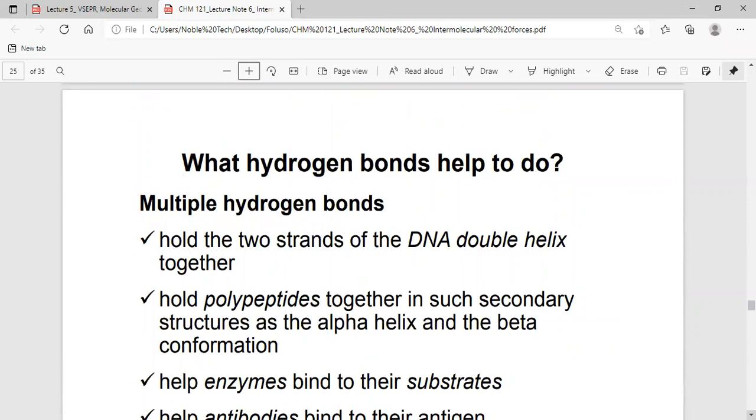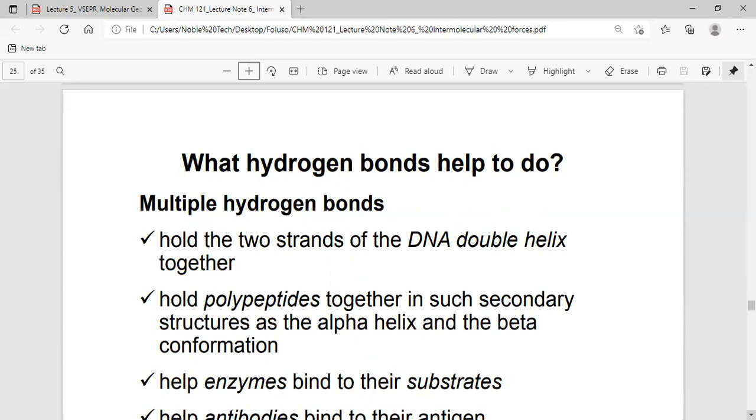So what hydrogen bond does is that it holds the DNA double helix together. It holds polypeptides together in what is called a secondary structure of protein. There are four structures of protein: primary, secondary, tertiary, and quaternary. So it's hydrogen bond that makes that happen.